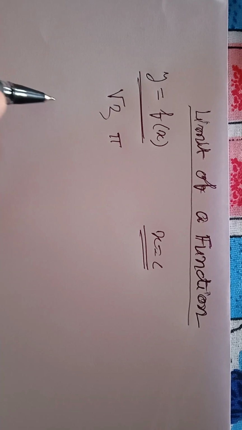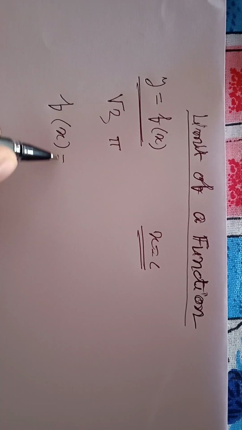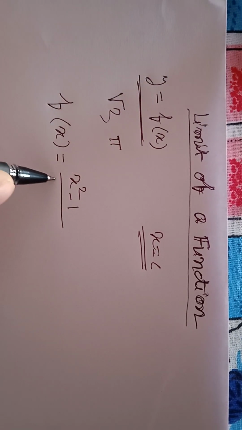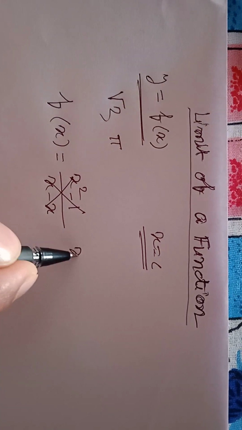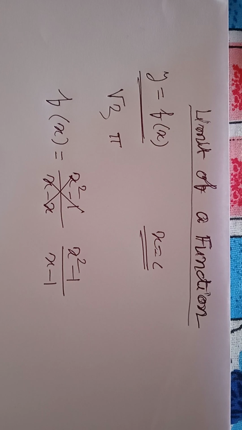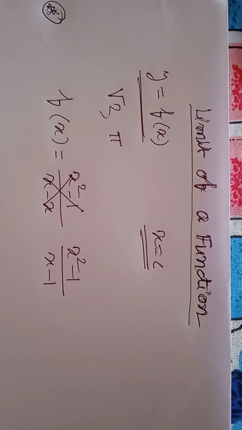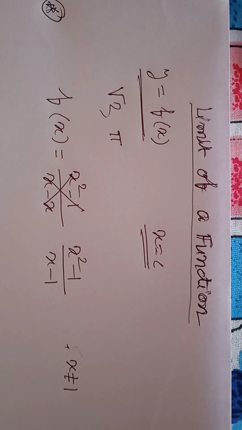Consider a function f(x) equals (x squared minus 1) by (x minus 1). This function is not defined at x equals 1.